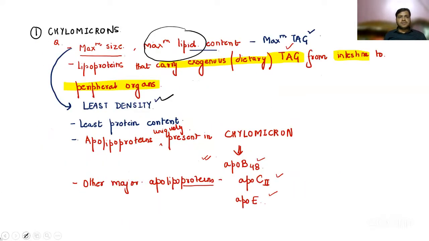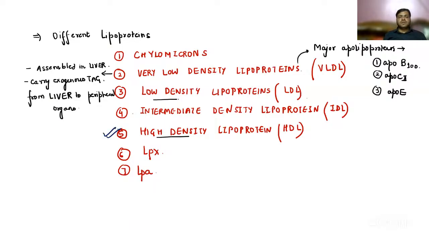High density lipoprotein. Now, coming to one of the lipoproteins being taught here, that is lipoprotein A. This lipoprotein has ApoA and apolipoprotein B100.